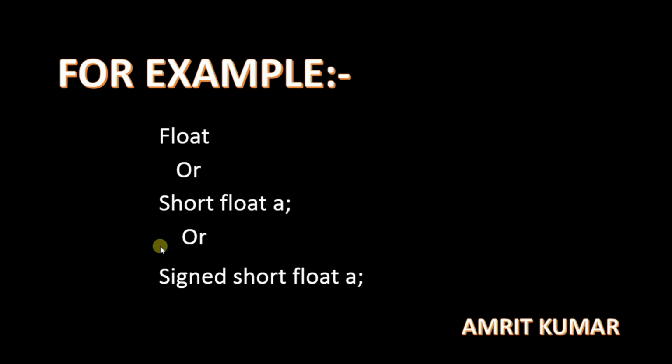So we can say the same in this example also. Here we are using a variable A with the data type float, and we have used two modifiers here, short and signed. Short is not going to make any changes on the range, because we have studied that short does not affect anything on the range, and signed always allows positive as well as negative values. So A can be a positive as well as negative value, float data type, with the modifier short.